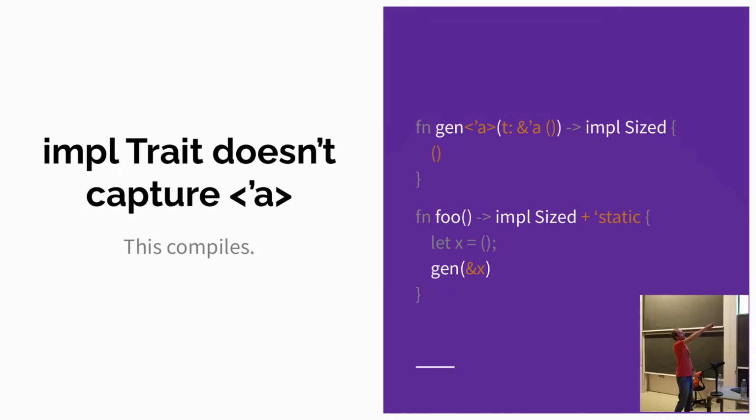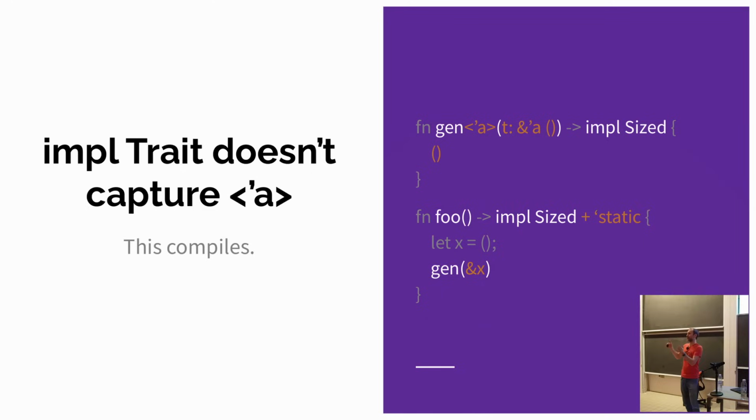This works because the return type here, which does compile, returns a unit. It does not capture tick A. So the compiler knows the hidden type is static, because currently, if you capture something, you have to say so.